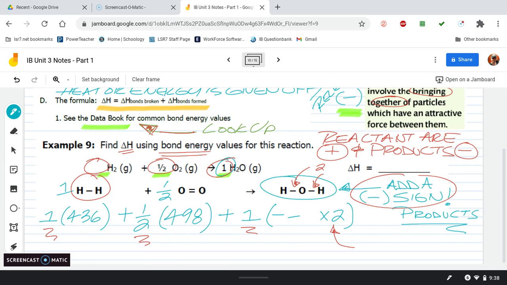This is the most common mistake that students make, is not adding that negative sign. And so right here, we want to point out that we had to add the negative. Okay.